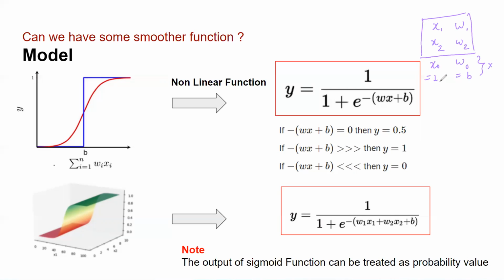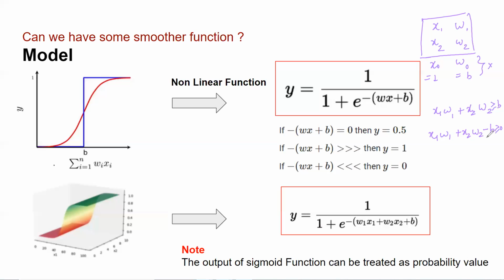First of all, you have to take a weighted sum of this. What will be the weighted sum? x1 w1 plus x2 w2, and you'll check if it is greater than or equal to b. That is, x1 w1 plus x2 w2 minus b greater than or equal to 0.